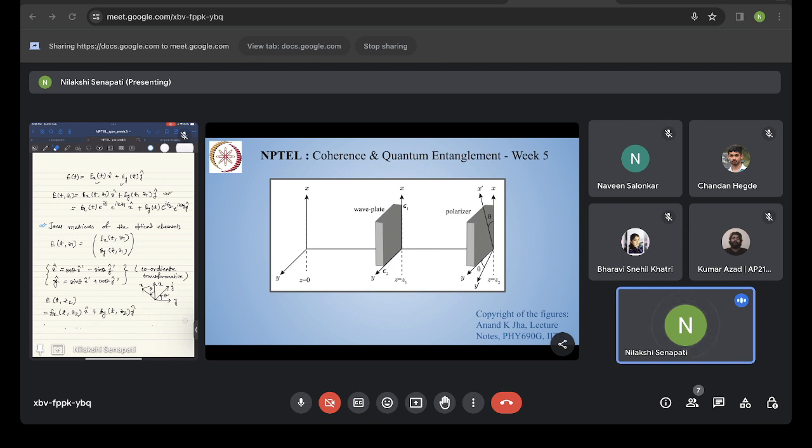So now just substitute x and y: E_x(t, z2), x means cos theta x dash minus sin theta y dash, plus E_y(t, z2), y cap equal to sin theta x dash plus cos theta y dash. Okay, I hope you can understand this step that I have done.